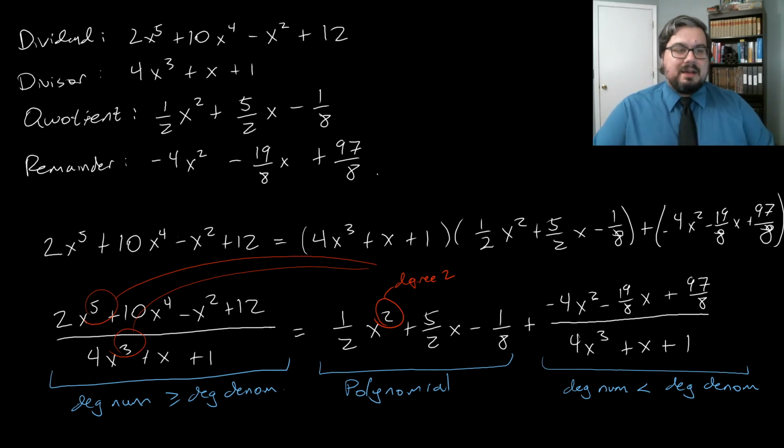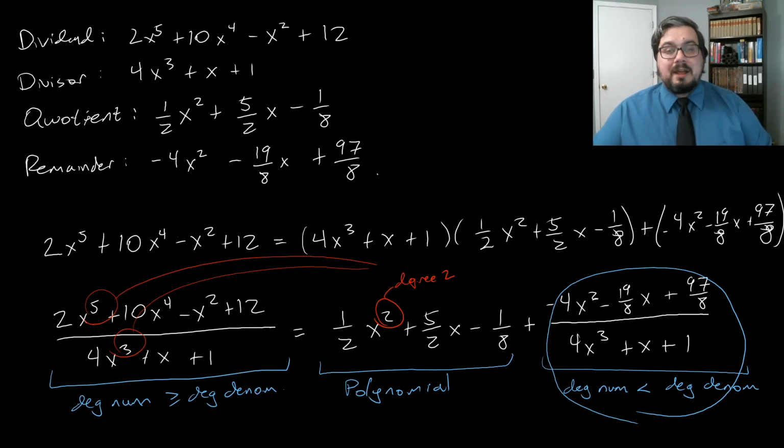Another way of thinking about this, and the way that's relevant particularly to us as we look at slant asymptotes, is that when x is very, very large, the proper rational function over here is going to be very close to 0.